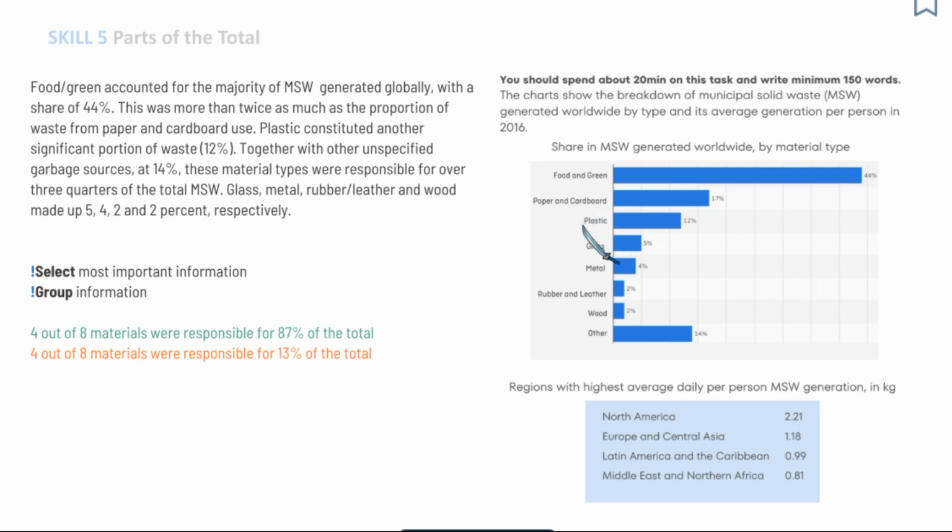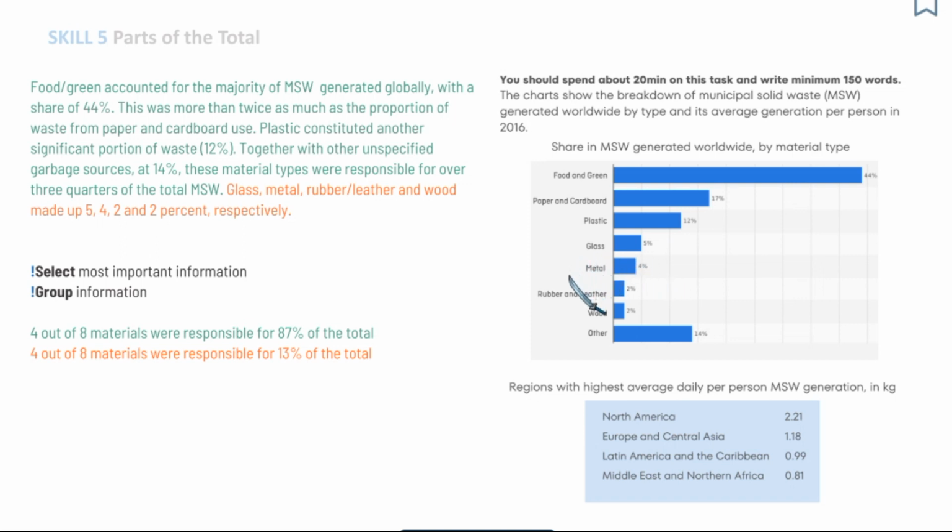So food and grain, paper and cardboard, plastic, and other made up 87%. And because it's a huge portion, also a big portion of the paragraph is devoted to these leading materials.